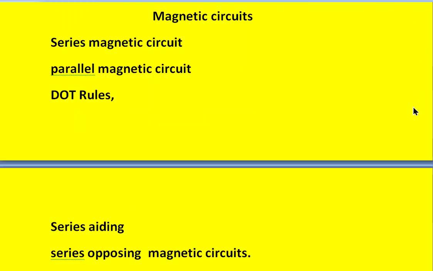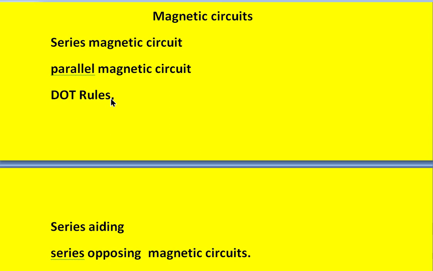Let me summarize once. We have seen what a series magnetic circuit is, how the flux flows, what reluctance is, and what MMF is. Similarly, in the parallel magnetic circuit, we have seen what the total MMF is, what the total reluctance is, what total flux is produced, and how the flux is distributed among the parallel branches of the magnetic circuit.